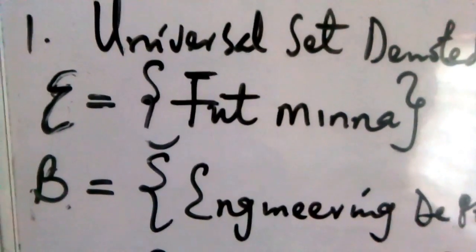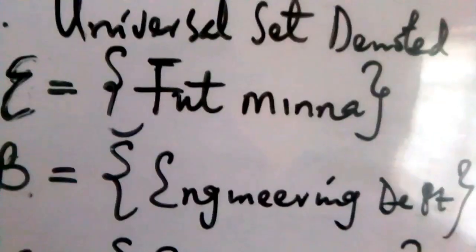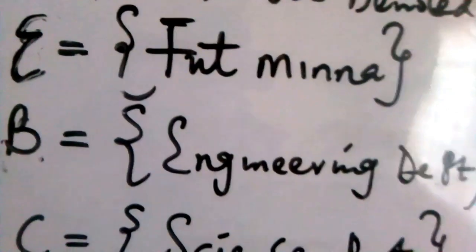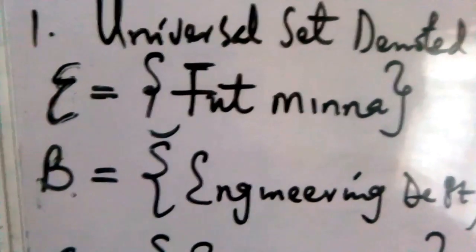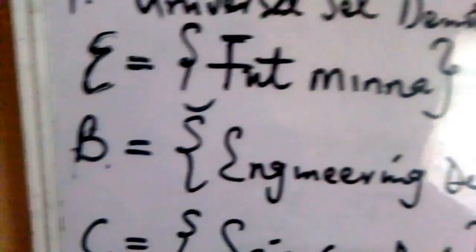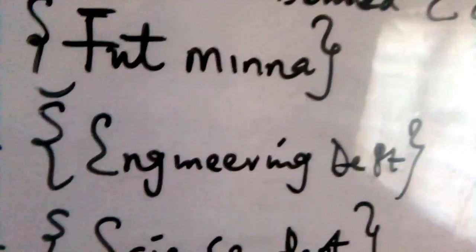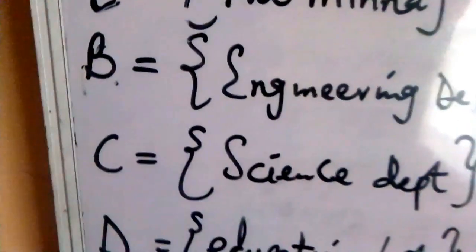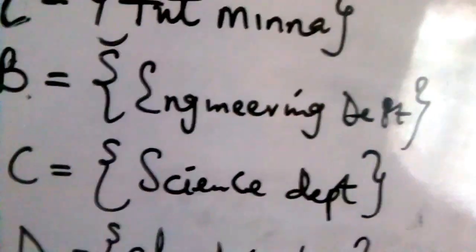Be it students in engineering, be it students in sciences, be it students in environmentals and different departments in the school, or different faculties in the school. Now we have set B. Set B is the set of students in the engineering department, and we have set C, which is the set of students in the science department.